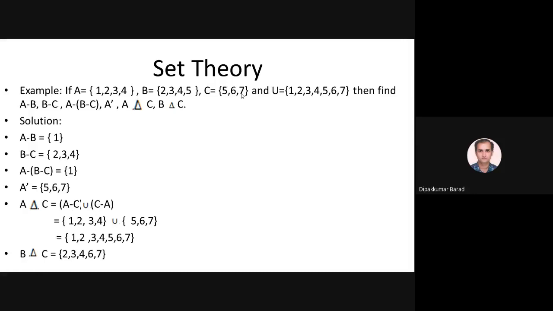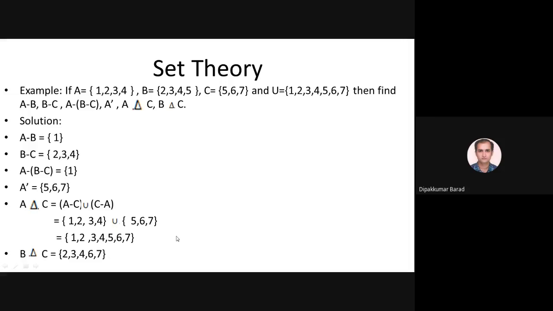There is no common element between A and C, so the symmetric difference of A and C is {1, 2, 3, 4, 5, 6, 7}. For B and C, 5 is common, so 5 is removed, giving {2, 3, 4, 6, 7}.